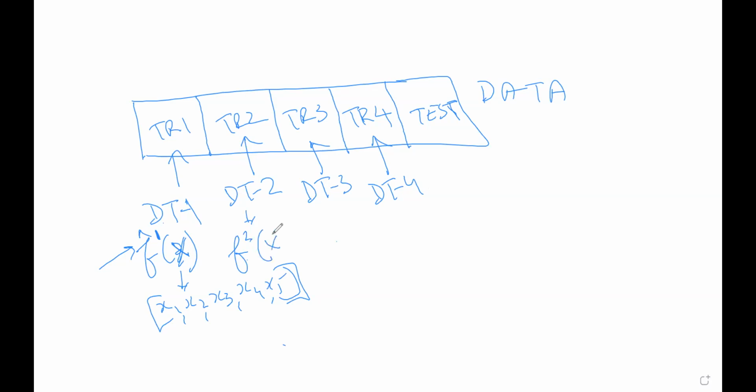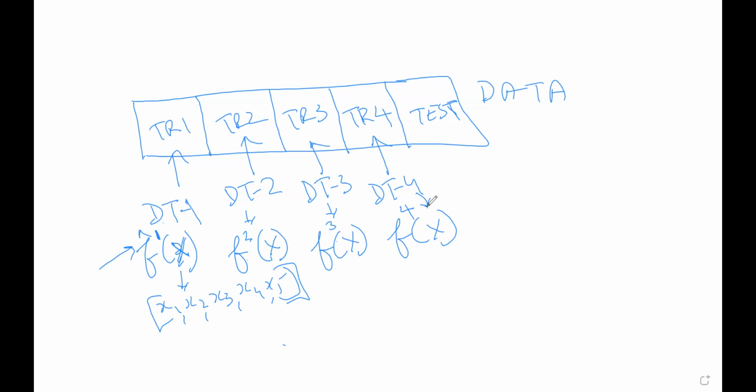This is used in a standard textbook. Fx3, and this is fx. So we have now 4 decision trees, which I have run on the 4 parts that I broke the full train data into.